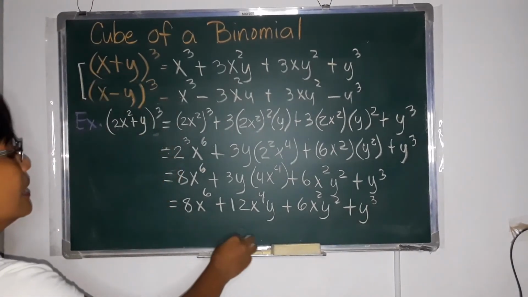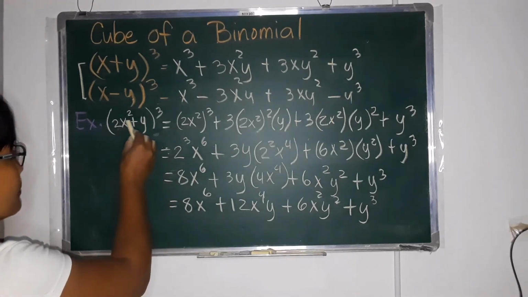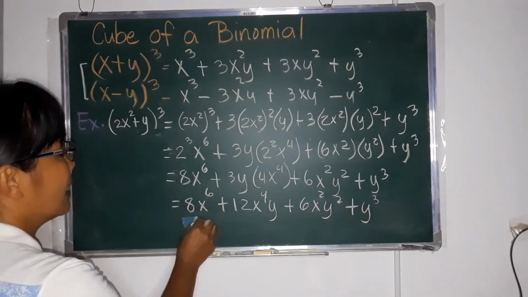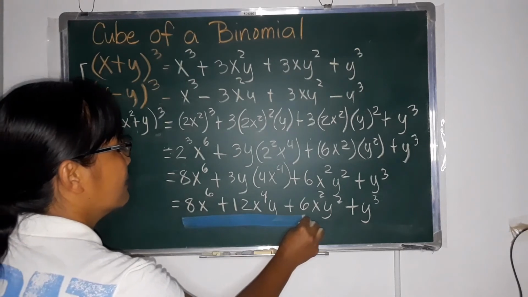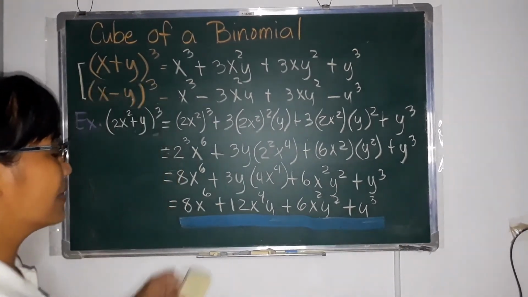Okay, so the cube of (2x squared + y) is equal to 8x to the 6 plus 12x to the 4th y plus 6x squared y squared plus y cubed.